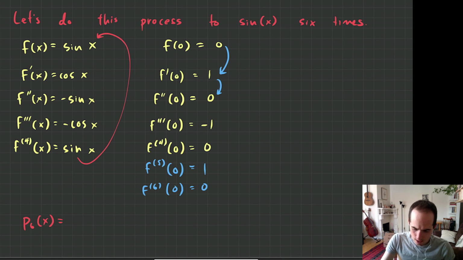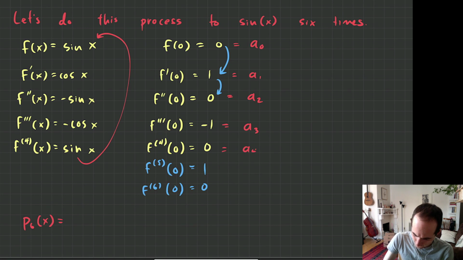So this is going to be, let's call this a0, let's call this a1, let's call this a2, let's call this one a3, a4, a5, and finally a6. Okay, so let's start off with the first one.